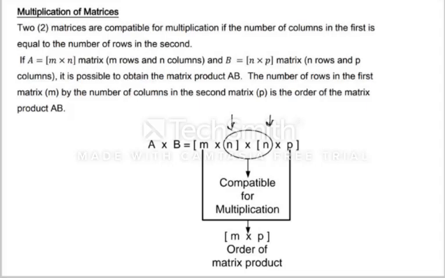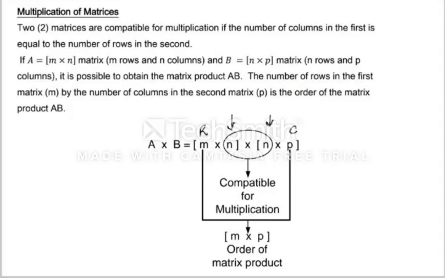Now m is the number of rows in the first, and p is the number of columns in the second. So m by p is the order of the matrix product.